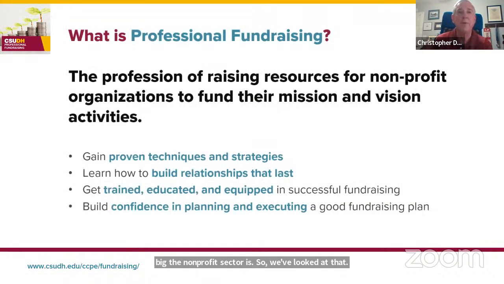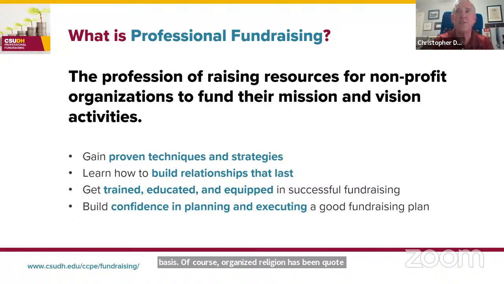Let's talk about what we mean by professional fundraising. While fundraising in many forms has been around since antiquity, the professionalization of fundraising really happened in the last century. Before that, much was done on an ad hoc or volunteer basis. Of course, organized religion has been, quote unquote, fundraising for millennia.